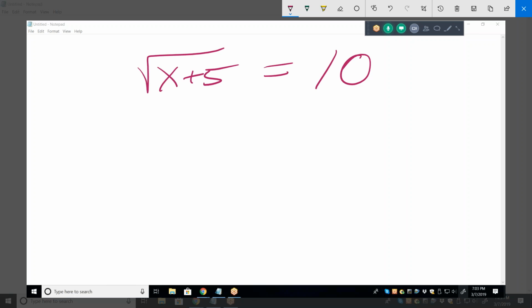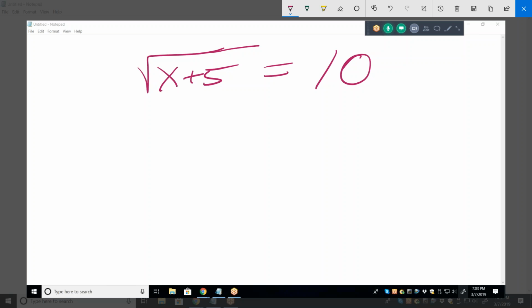Solve that. The first step: get rid of the radical sign. Radical signs are ugly. They do nothing but make problems for solving equations. So the very first thing you want to do is get rid of it. How do I get rid of it?